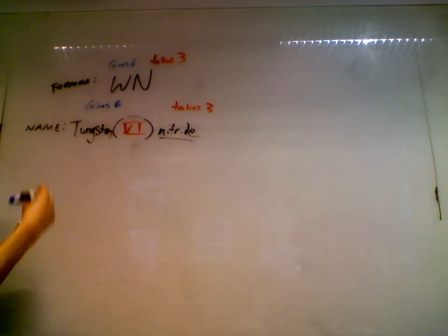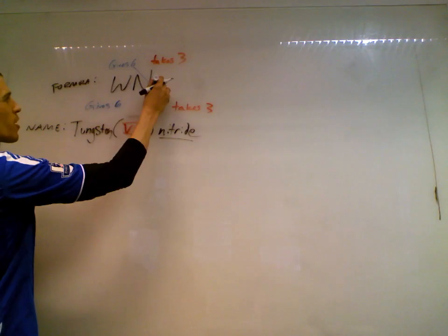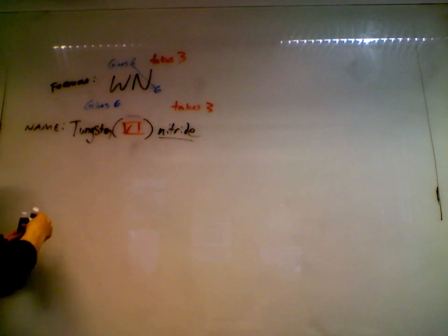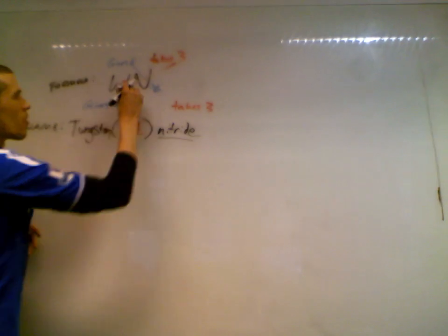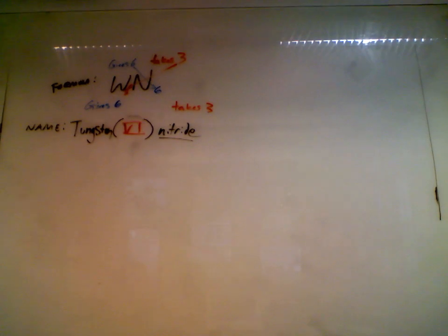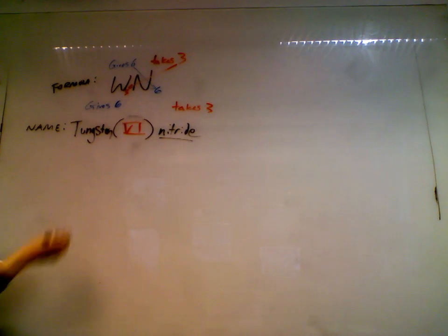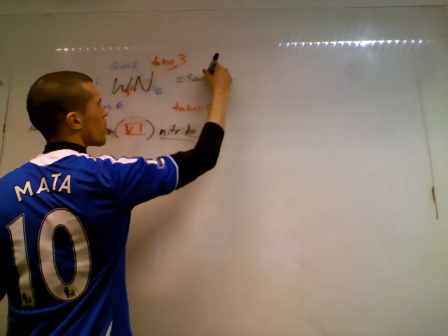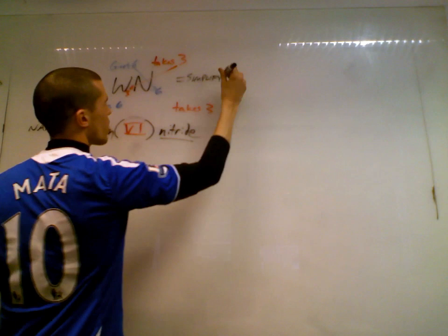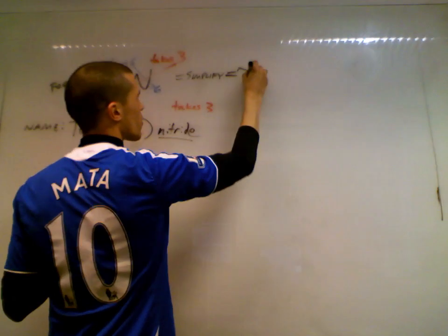Yeah, that works. You can also simplify it too. This one goes over there to be 6, this one goes over here to be 3. So W and N 3. You could do that, yeah. If you don't simplify it, it's not wrong. It's fine.